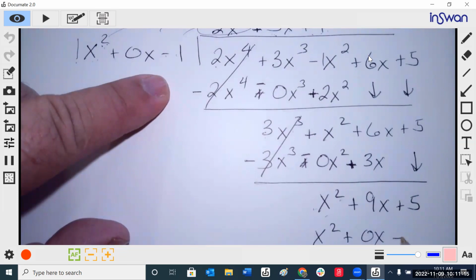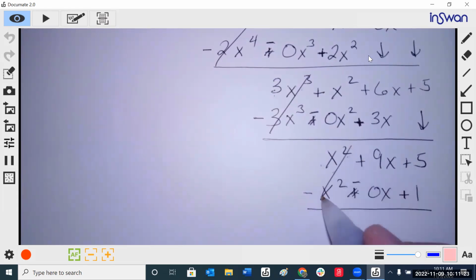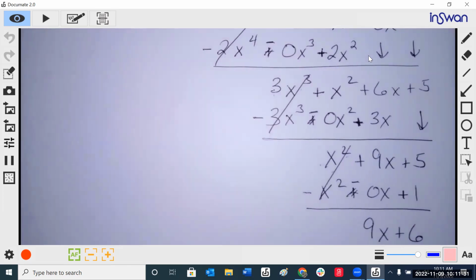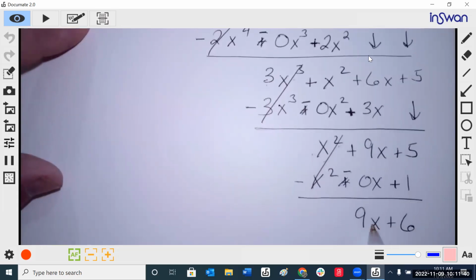Positive negative is a negative. 1 times 1. Change the signs and add. So 9 minus 0 is 9. 5 plus 1 is 6. Since x squared doesn't fit in x, this is my remainder.